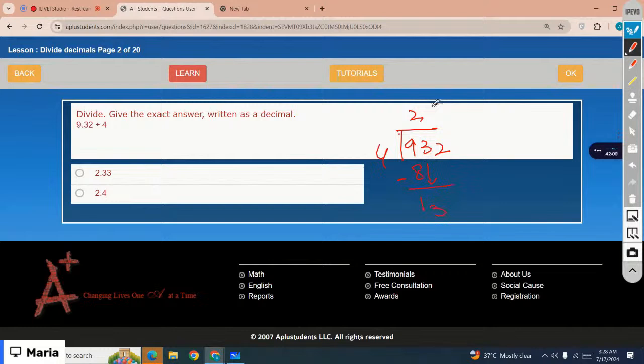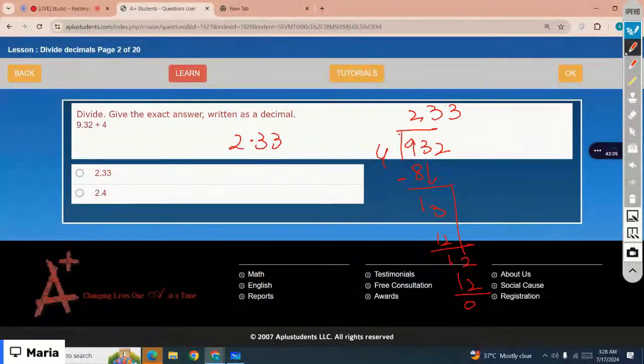Now bring the next digit down. 4 times 3 is 12. Now bring down that next digit again. So 4 times 3 is, that is in the divisor.